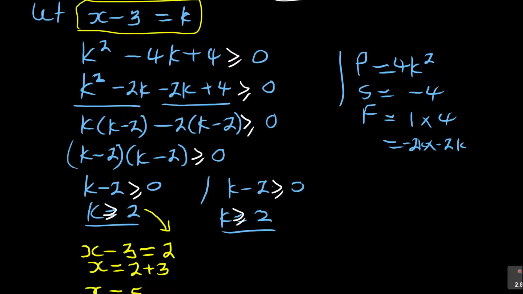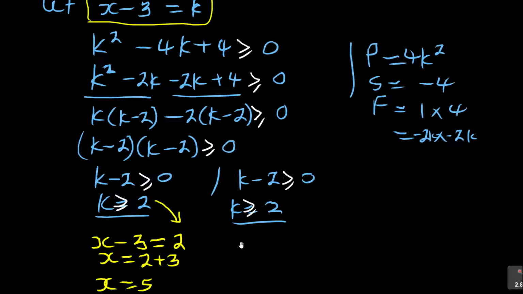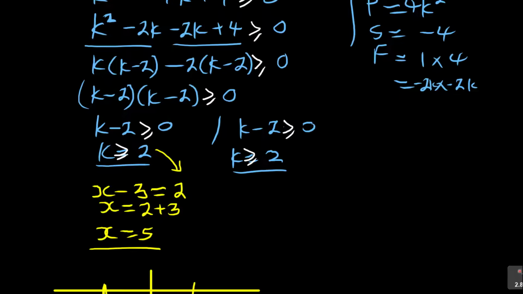So it means when I'm substituting, remember k is greater than or equal to 0, but k is x minus 3, so x minus that, it means this one will be greater than or equal to.